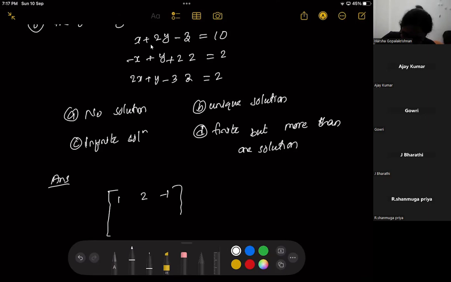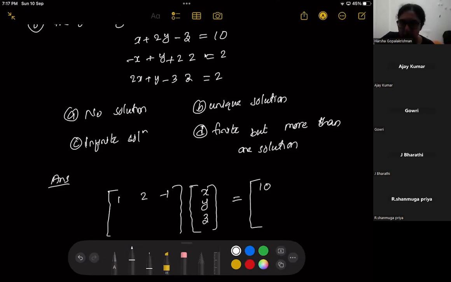What we are doing is multiplying this with x, y, z. If we write it like this, what will we get? 1x plus 2y minus z, which should equal 10. That is what this equation says, right?